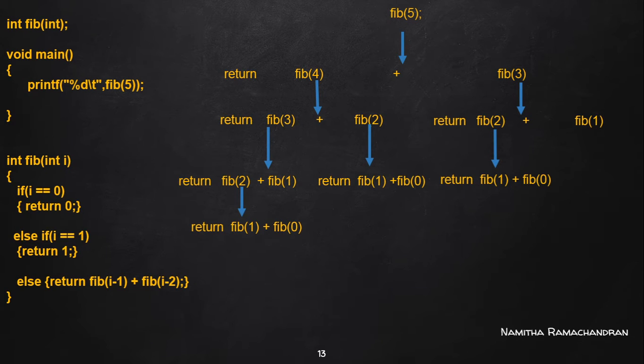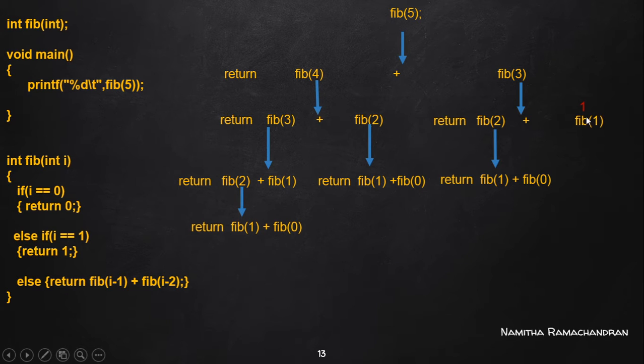Right. So this fib of 3 is called, this fib of 2 plus fib of 1. And this fib of 2 calls fib of 1 plus fib of 0. And this fib of 1 is substituted with value 1, because this matches the else if part, I value now becomes 1, so it returns 1 to the called location.